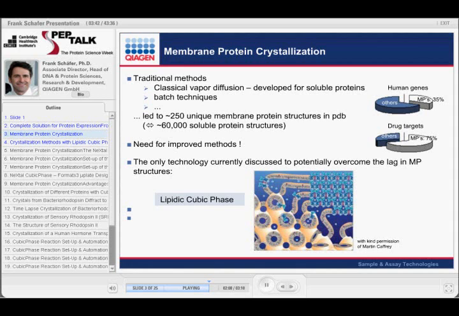So the monoolein or other lipids make up such a bilayer. They are surrounding a water channel or a buffer channel, whatever your crystallization solution is, and they are surrounded by water. So that means N and C terminal domains of a protein can accommodate to the surrounding, and this system closely resembles the situation in vivo of a cellular membrane.